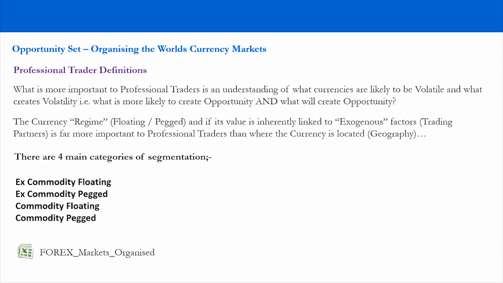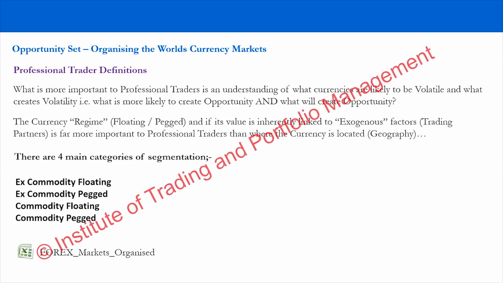So back to this point, what's more important is that we need to start looking and understanding how we capture and segment volatility rather than segmenting by geography and size of transactions. Floating and pegged regimes and commodity dependency is the main way we do it.